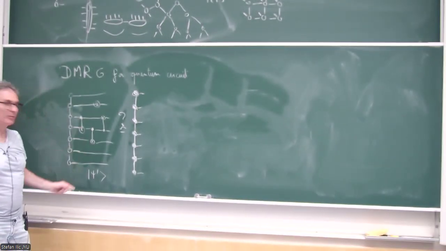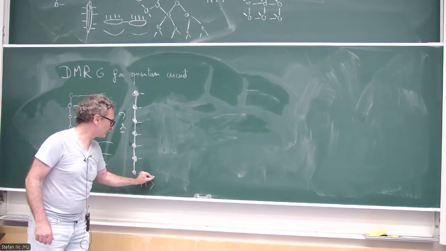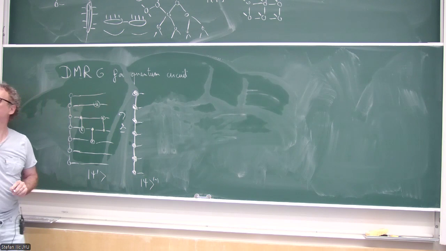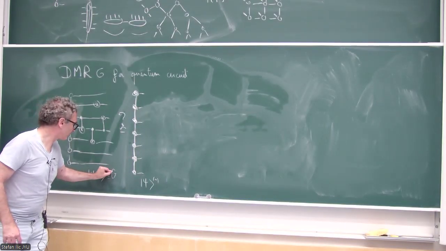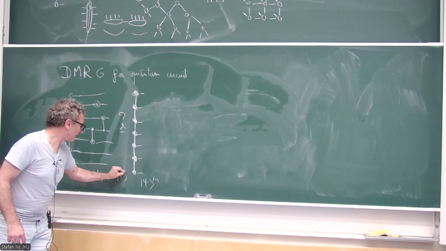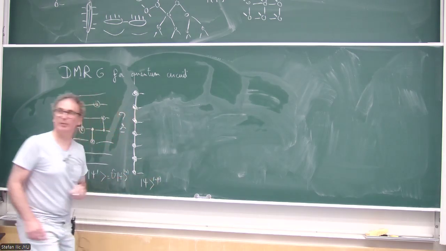So this guy I call psi prime. This guy I call psi, maybe psi n or whatever. And actually this is the circuit times psi n, and this is what we will keep as psi n plus 1.